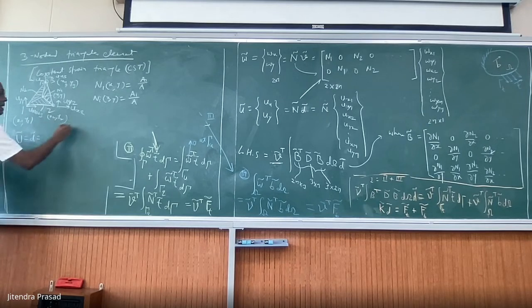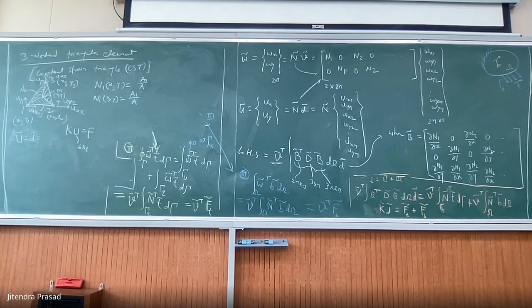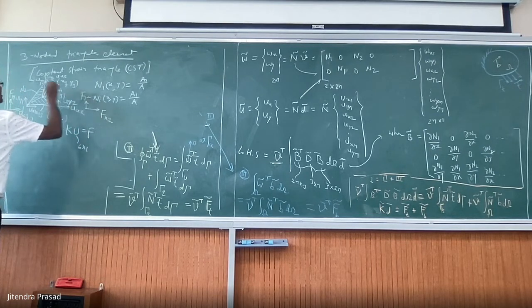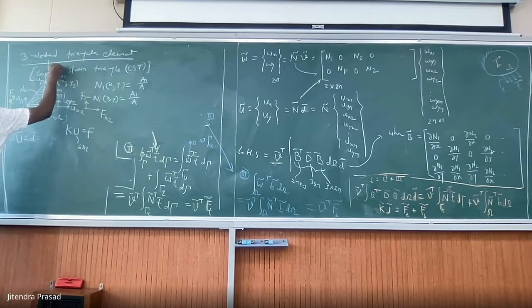And you know that ku equals f. u is 6 by 1. f will be similar, right? You will have fx1, fy1, force here fx2, fy2, and similarly here also fx3, fy3.